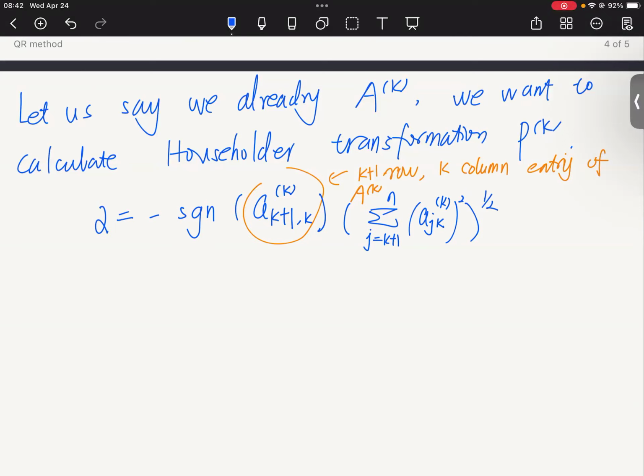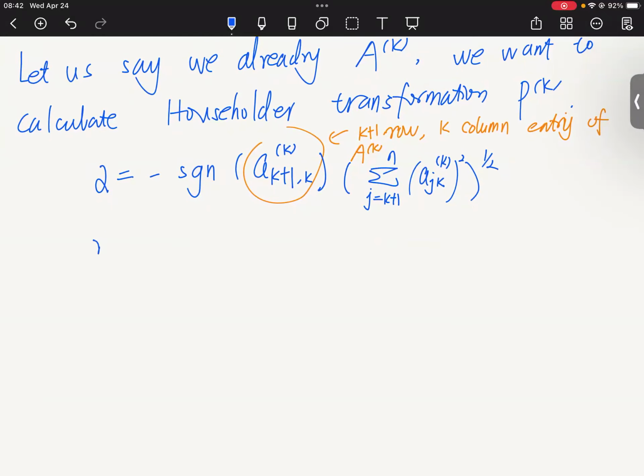This is quite similar to what we have just now. And for the R, that's another side product: 1/2 alpha squared, minus 1/2 alpha, the a component at K plus 1, K, and then the square root.